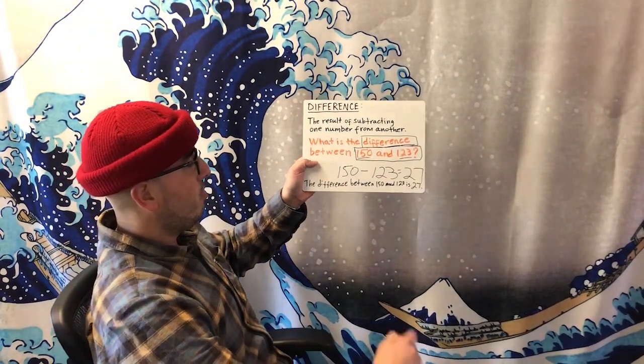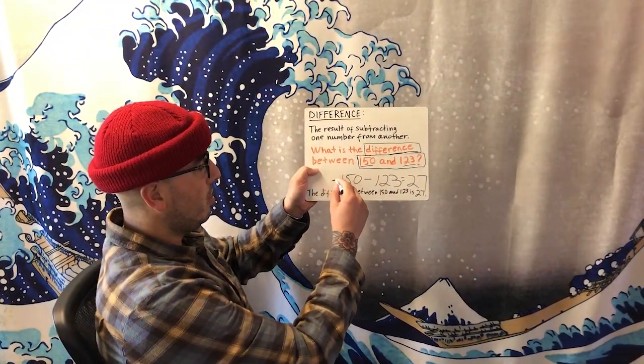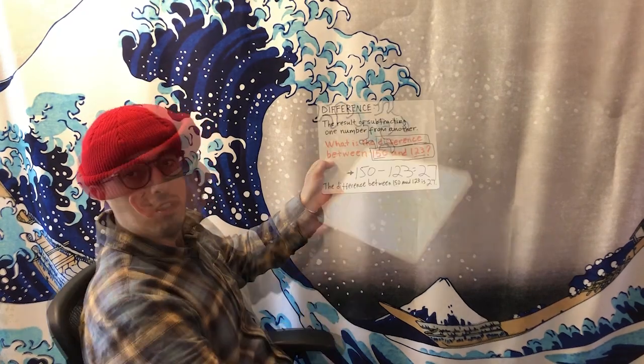Okay? So show your work right here. Now that you understand how difference works, get two pieces of paper, a pen, and your cards, okay? So go get those things and we'll get started.